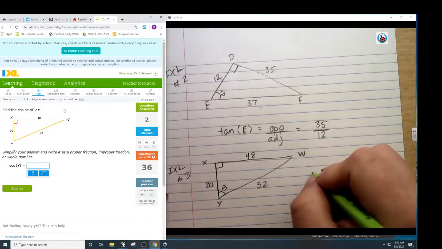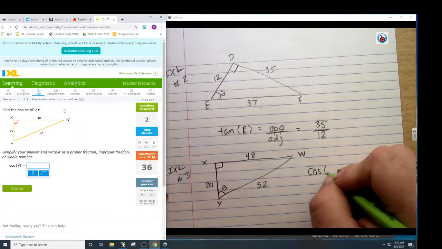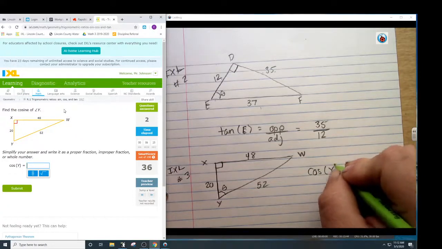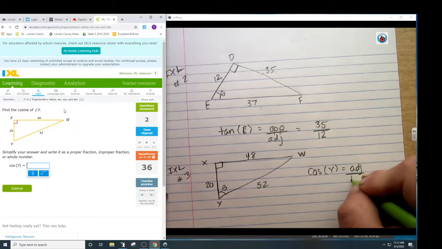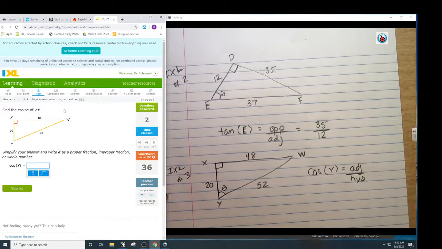Now remember, cosine of Y equals adjacent over hypotenuse. The adjacent side is the side that is touching the angle that is not the hypotenuse.